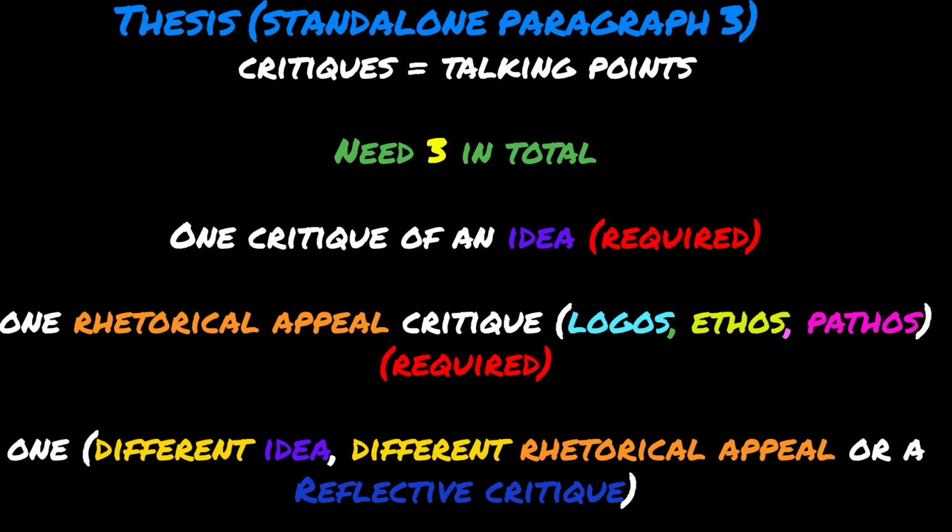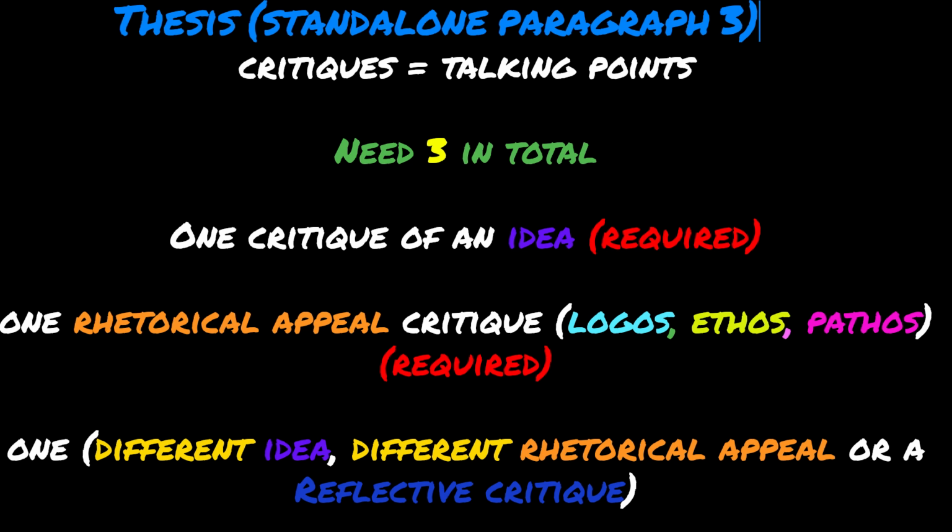The critiques are the principles that you're going to focus on, or the ideas that you're going to focus on. One of your critiques has to be either logos, pathos, or ethos. And if you need a refresher on what that is, click the little I in the top corner because I'm linking it in the cards. One of your critiques has to be logos, pathos, or ethos. Another has to be the critique of an idea.